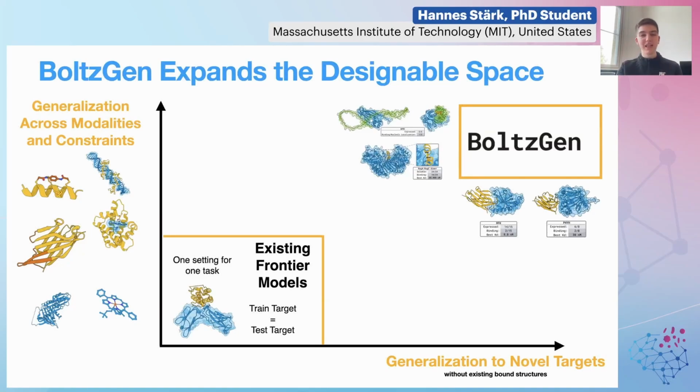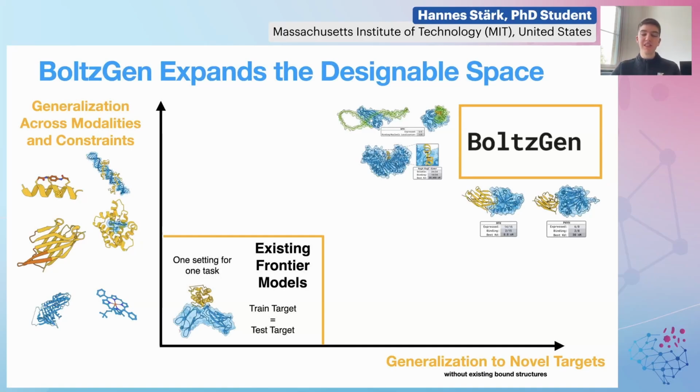And on the second axis, maybe even more importantly, we want to be able to generalize to what I already called novel targets. What I mean with novel targets are targets that are not in the training data with existing bound structures. This is very much unlike the evaluations that we have seen for the existing frontier models, where the targets that we evaluate on are usually in the training data with existing bound structures.